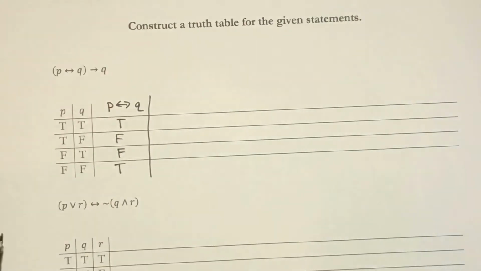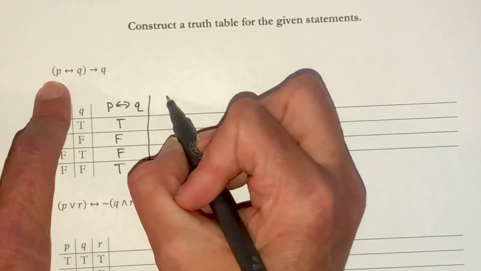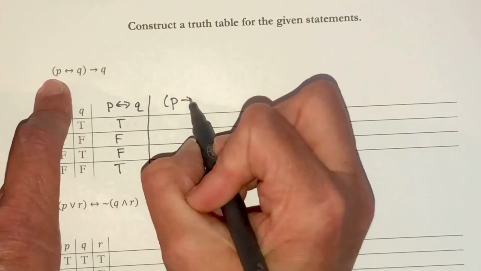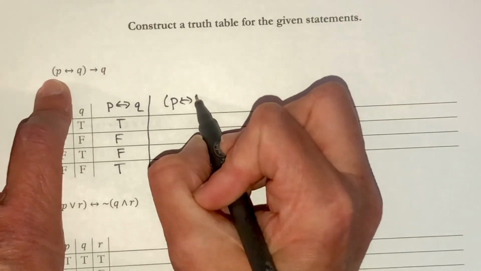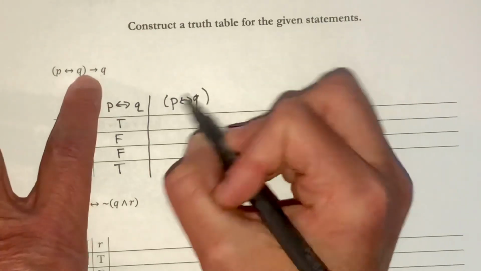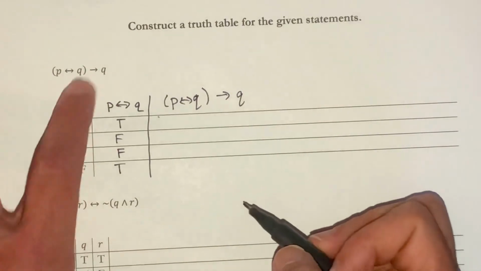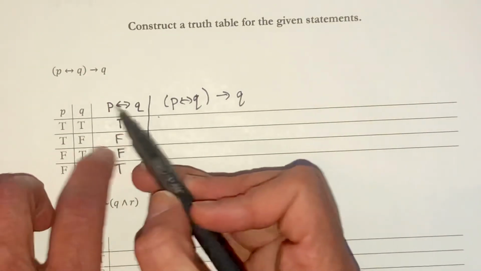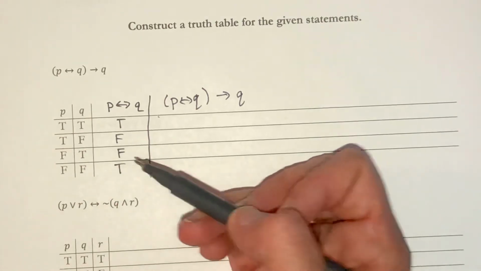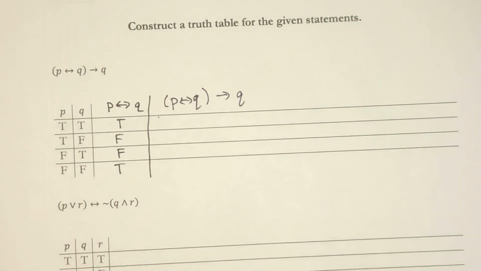Now let's put it into the conditional. So I have the biconditional. If the biconditional, then Q. So that means if this, then this. Remember to keep the order correct.